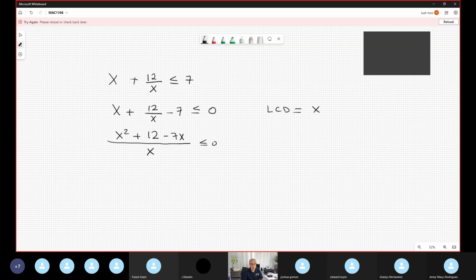Well, first of all, I propose one idea. Organize the trinomial on the top like that. Always organize in descending order of the degree: degree 2, degree 1, degree 0. To see more clearly, it's the language of algebra, no? And let's do the factorization of this polynomial.